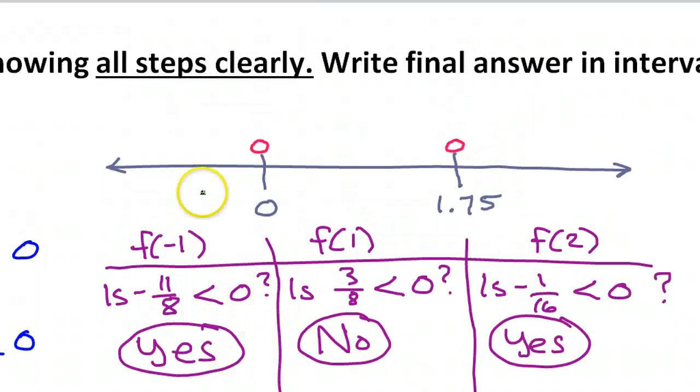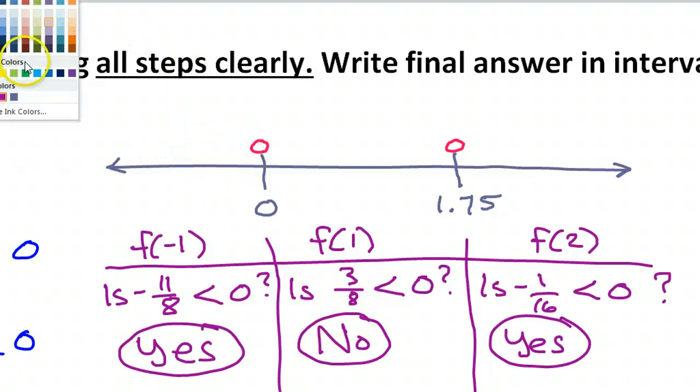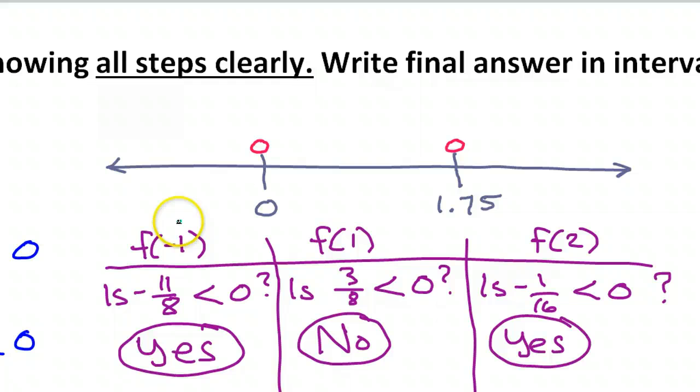Alright, if one test value is a solution, then all of the values in that zone are solutions. So because -1 is a solution, then all of these values are solutions, and we'll show it by making this arrow. Alright, because 1 is not a solution, that means none of these points in here are, so we will leave it empty.